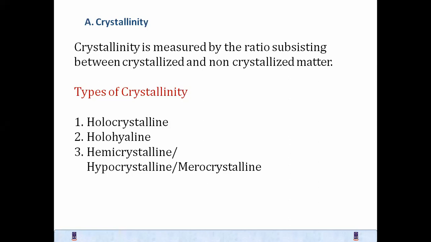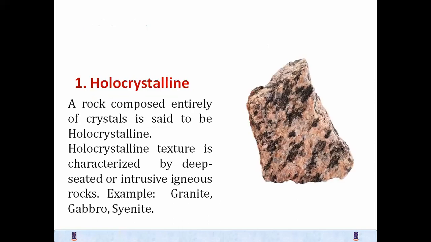What is the meaning of these three terms that we have to discuss now? Now, holocrystalline. Holocrystalline means when you look at this rock, the rock is entirely made up of crystals. What is the meaning of entirely made up of crystals?